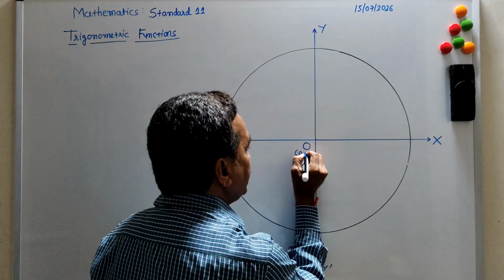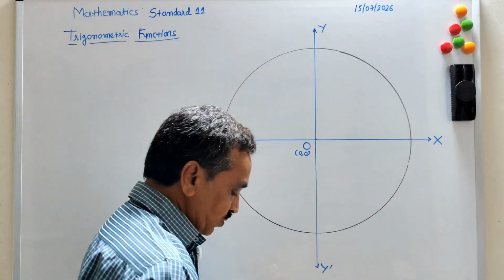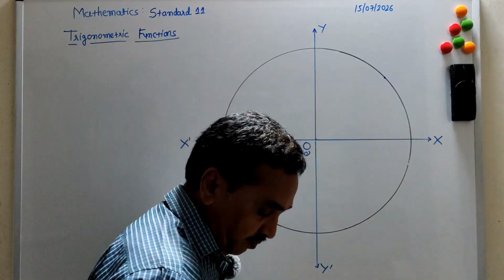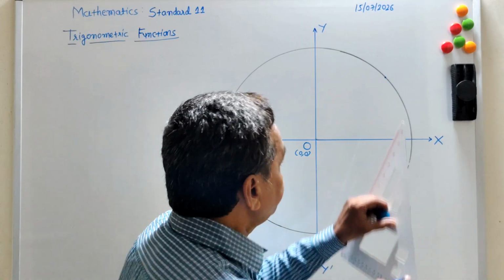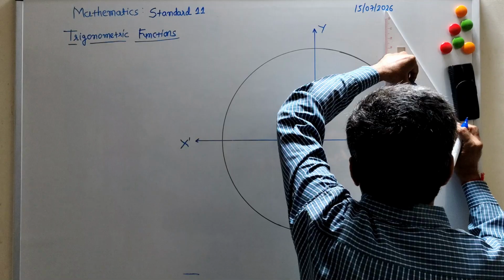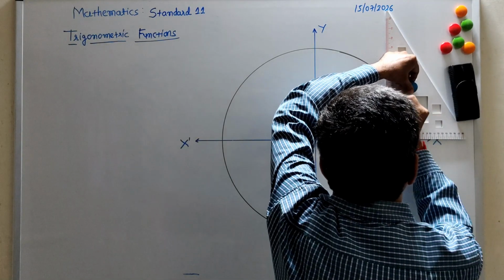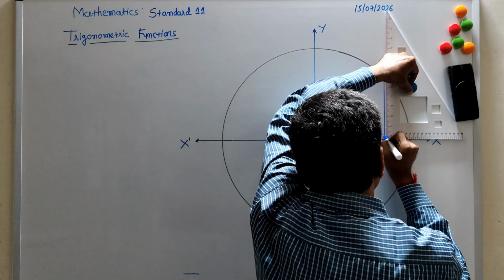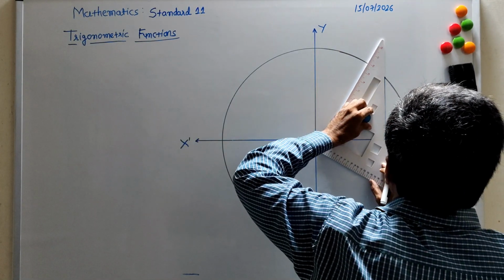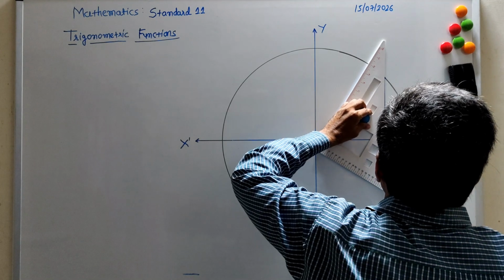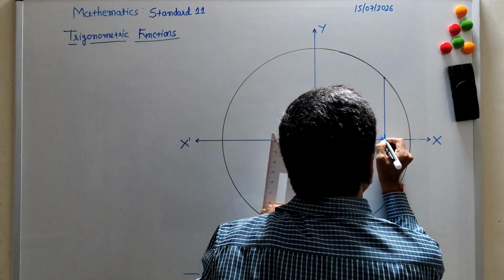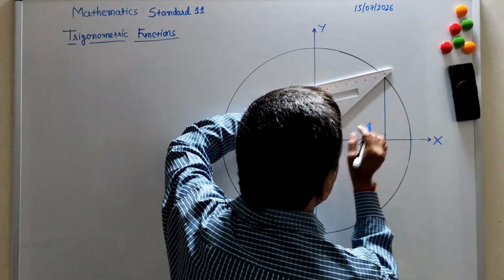So the coordinates of O are 0, 0. Now let me take here a point P. So this is 90 degree.